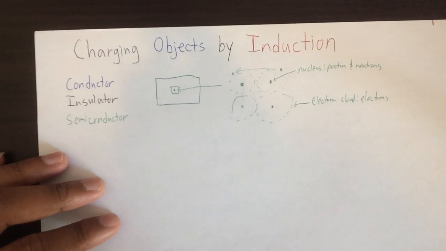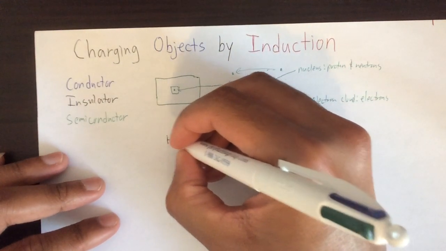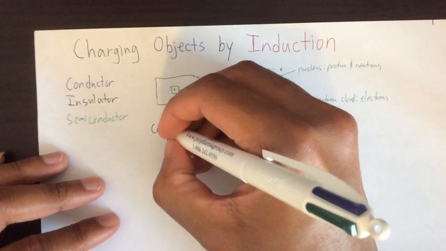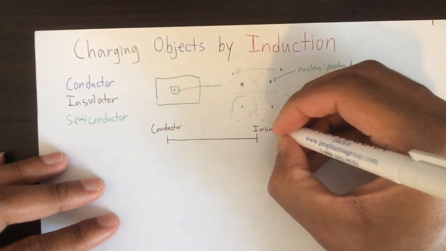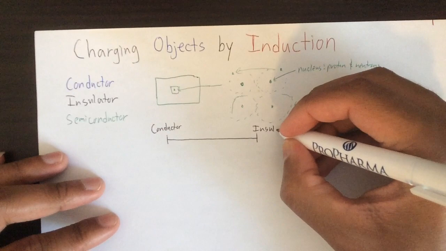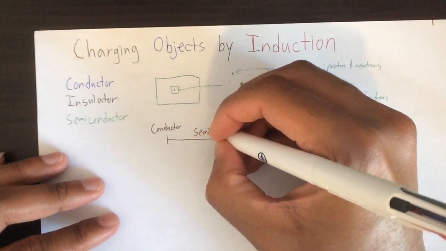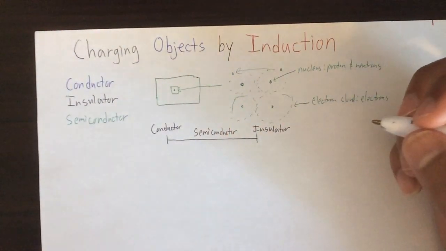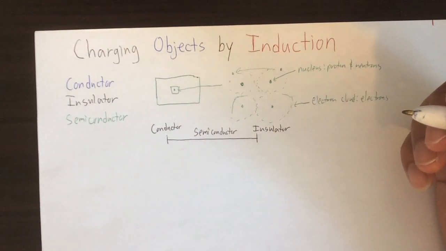If you think of it as a spectrum, you have your conductors here, your insulators here, and you have your semiconductors here. So that's the idea of what a conductor, insulator, and semiconductor are.